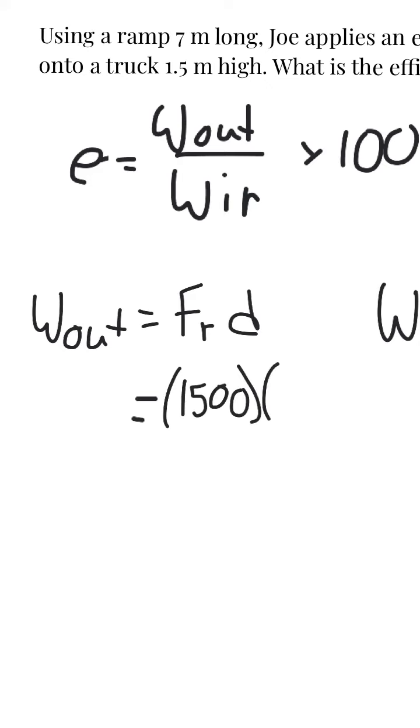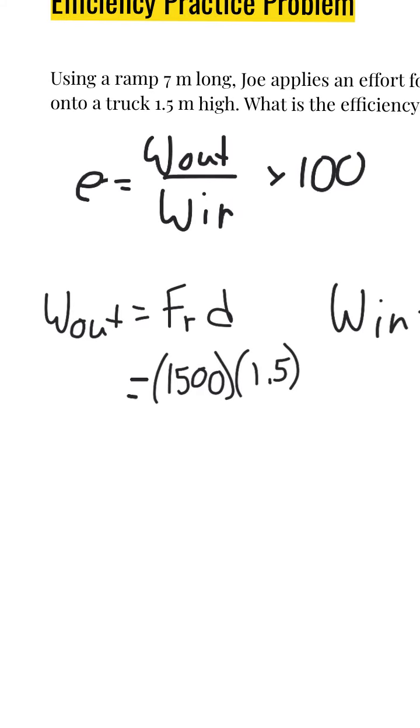And the distance that the box is moving is from the ground up onto the truck, which is that 1.5 meters high. The efficiency equation, probably the most difficult part about it is figuring out what's the resistance force and what distance goes with that, what's the effort force and what distance goes with that.